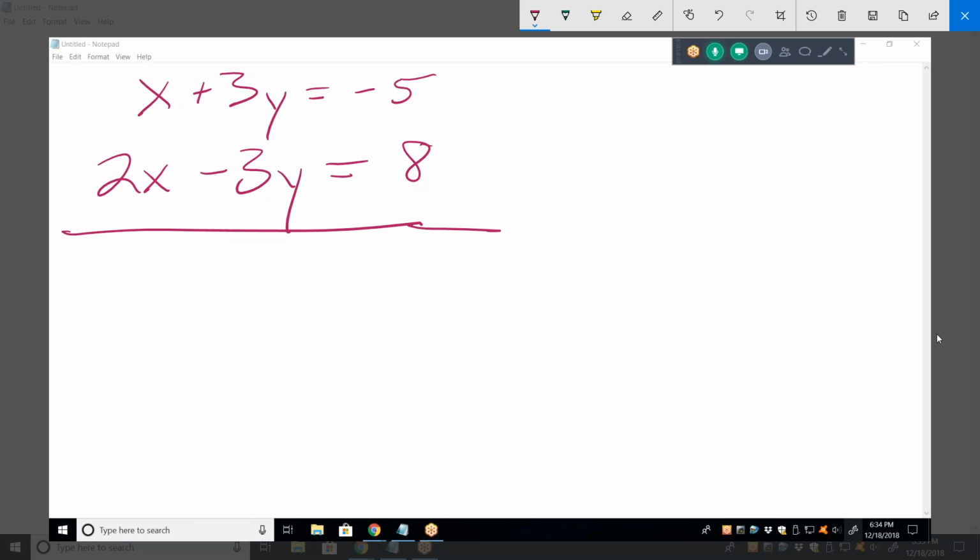Okay, so first of all, you have to ask yourself, what method are you going to use? No, unless it says specifically U-Substitution. Okay. If you're going to use substitution, you got to get one of the equations solved for one variable. Which is the easiest one to do that with?